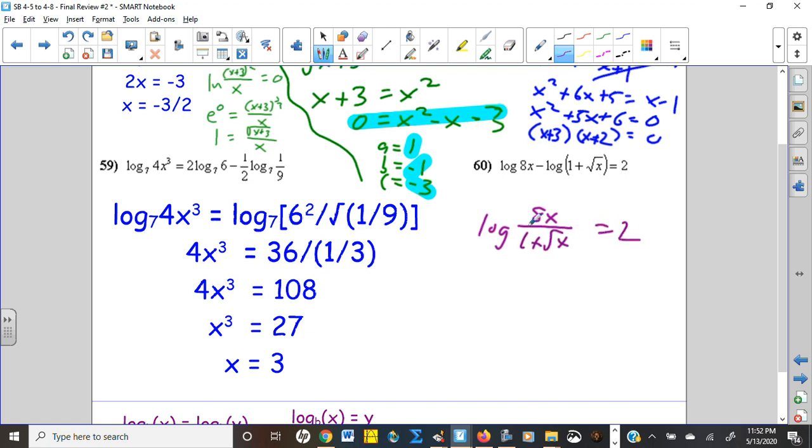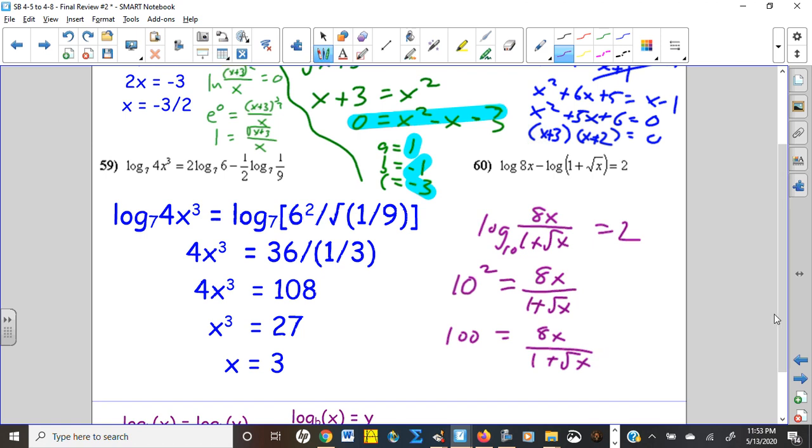Now remember, this log doesn't have a base, which means it's technically base 10. So base to the exponent, 10 to the second power, is equal to the argument 8x over 1 plus root x, which is 100, is equal to 8x over 1 plus root x.